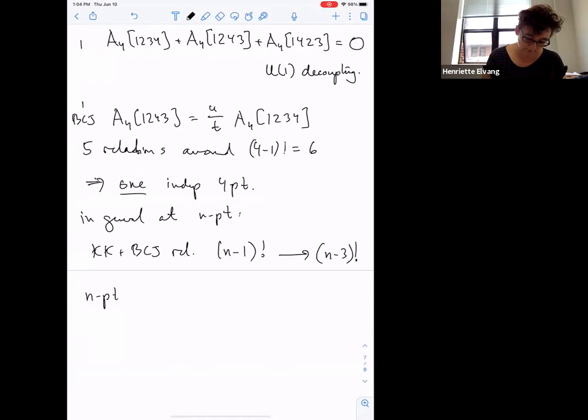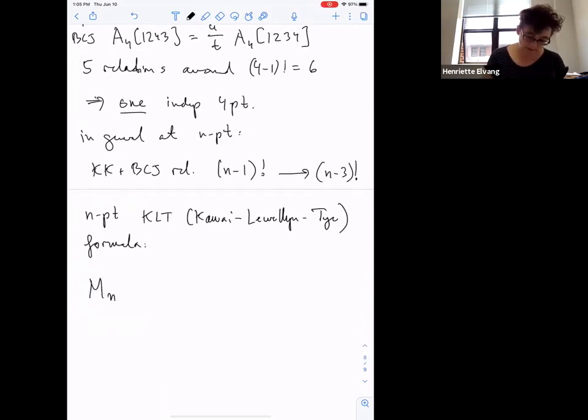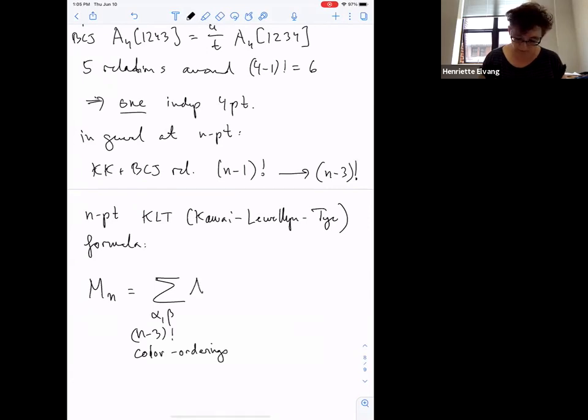So at n point, what is known as the KLT, Kawai, Lewellen, and Tye formula for the double copy says that the graviton amplitude can be obtained as the sum over (n minus 3) factorial color orderings of some left amplitude with color ordering alpha times some right amplitude with color ordering beta.